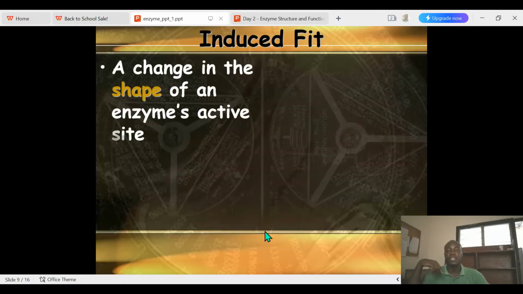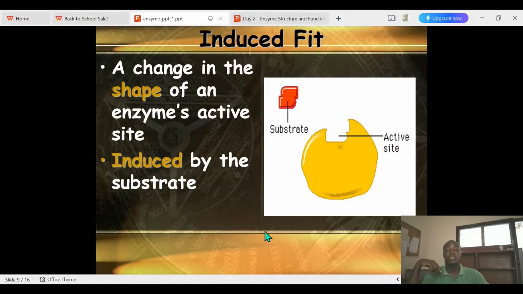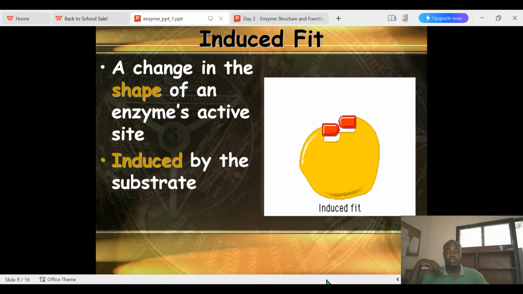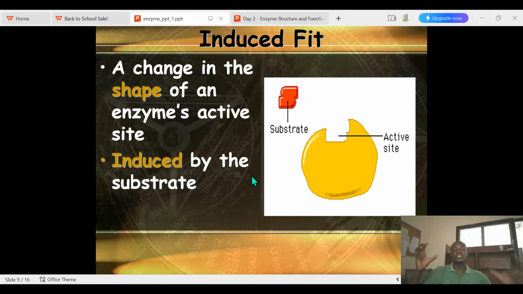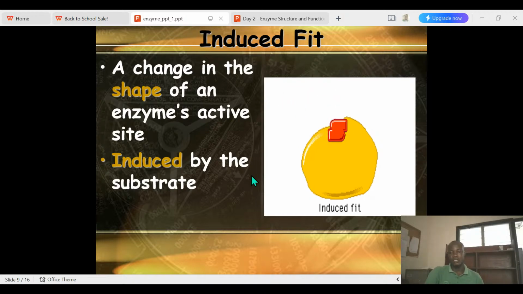So we have what you call an induced fit. Sometimes the active site of the enzyme does not actually fit with the substrate.